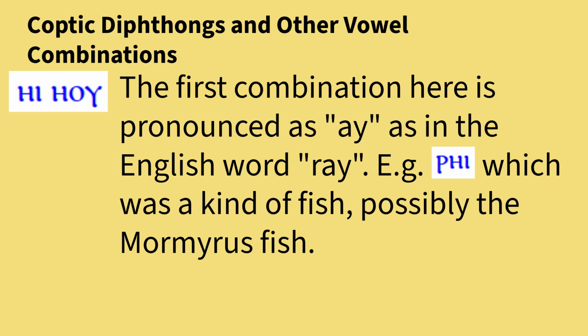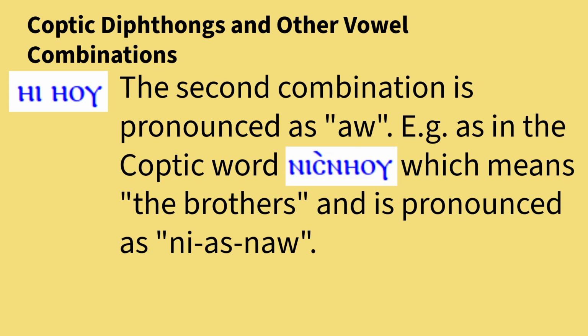An example word for the first combination is ray, which was a kind of fish, possibly the Mormyrus fish, which is a type of ray fish, I believe, that lives in the Nile. So the second combination here was pronounced as ow. An example word is the Coptic word ni as now, which means the brothers, and it's pronounced ni as now.